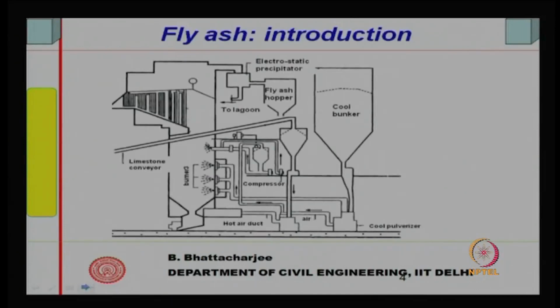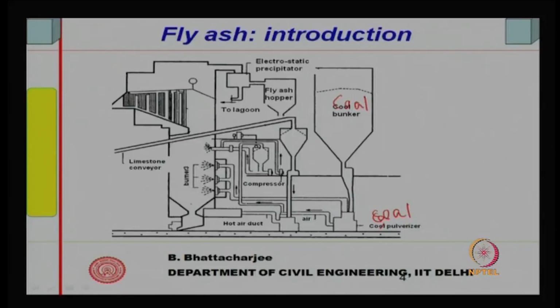Now, this shows the fly ash production again. You see, this is the coal bunker, from where the coal comes to the coal pulverizer, and then this pulverized coal is put into the burning process or furnace, where the flue gases are generated.